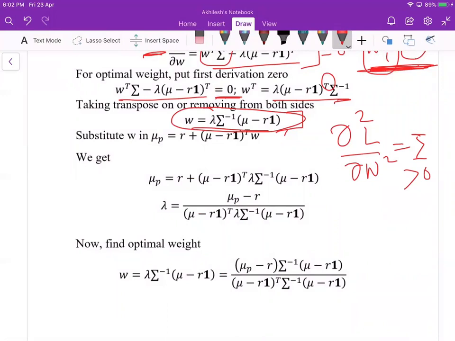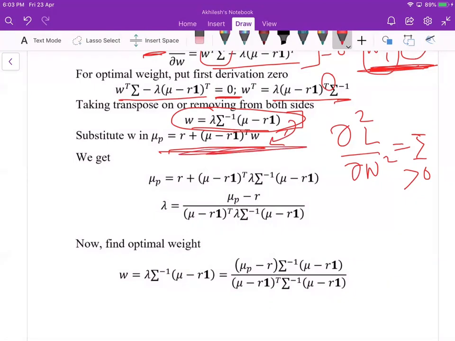So here you can substitute W, the optimal weight we have got. Just substitute W into this formula. Okay, so mu P is equal to R plus (mu minus R1) transpose lambda into, we have just substituted W over here. So here you can get lambda equal to this.